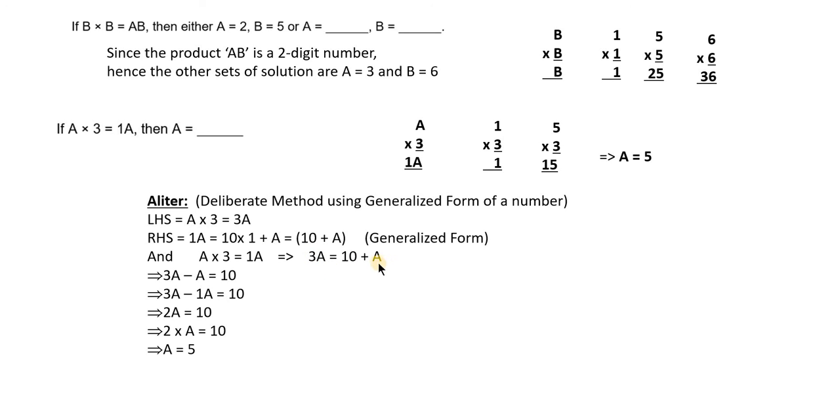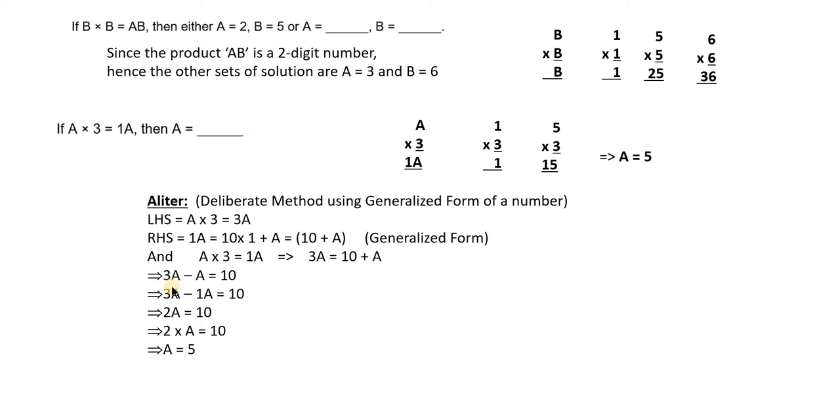To find a, it is an algebraic equation in a. We can take this plus a to the left hand side, so it becomes 3a minus a, using rules of transposing, which equals 10.